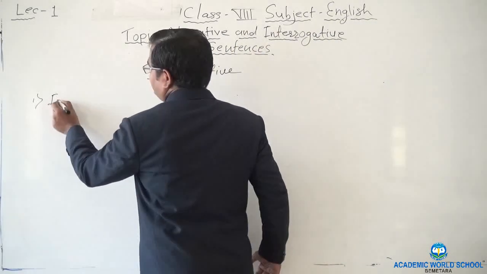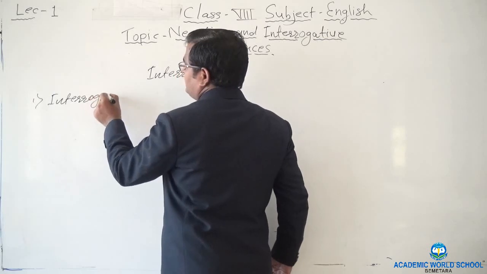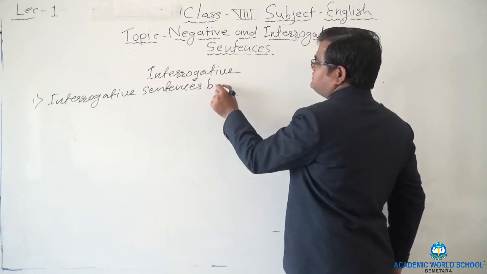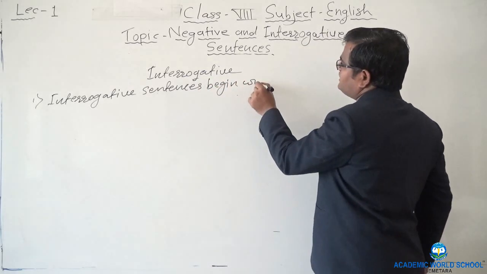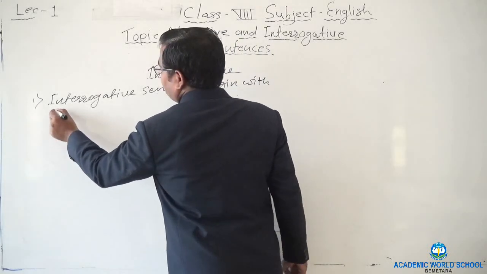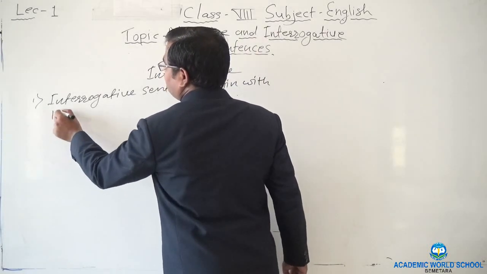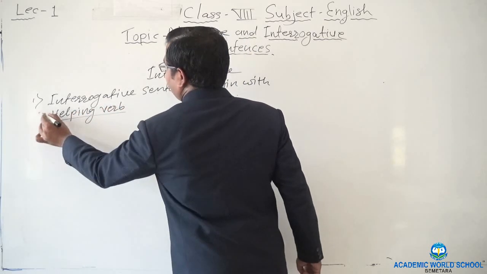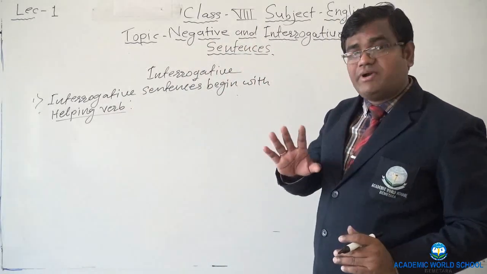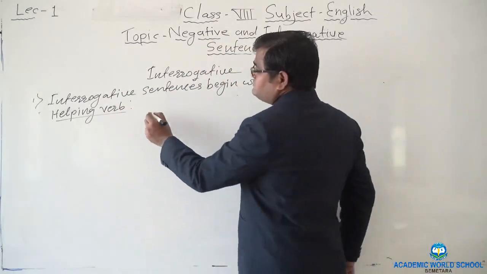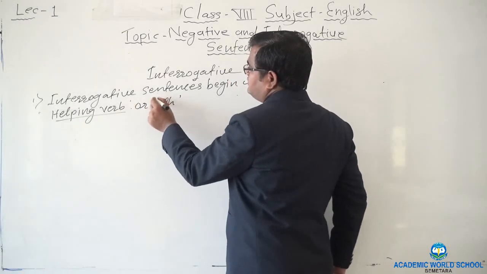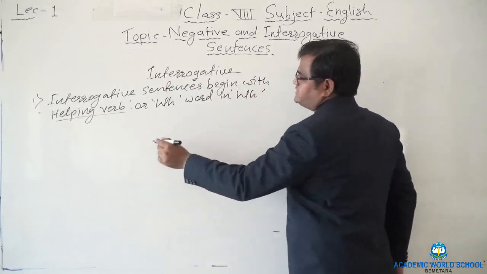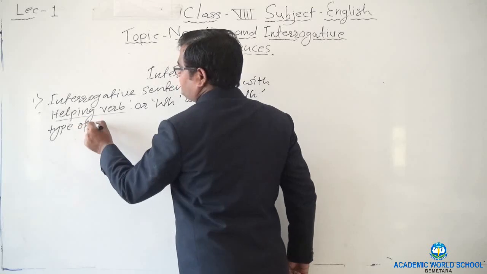Okay, so the first rule we can write here: interrogative sentences begin with a helping verb, in yes/no type questions we are talking about, or a WH word in WH type of questions.